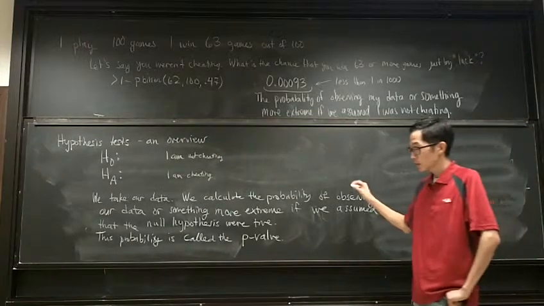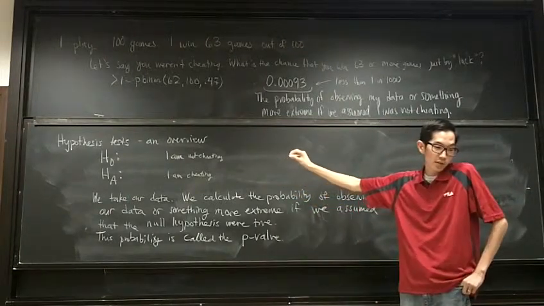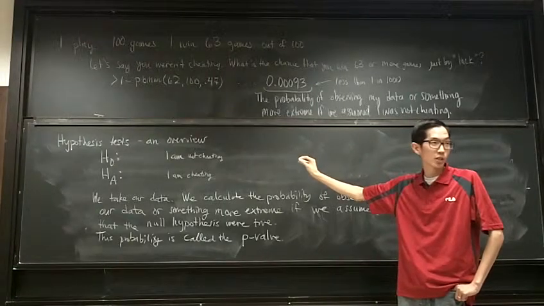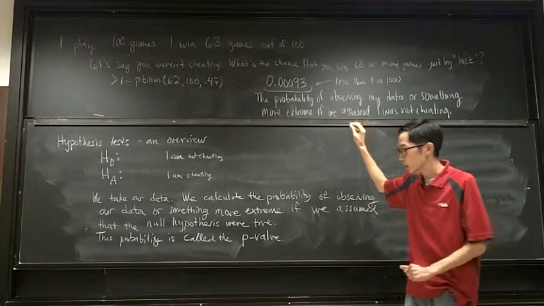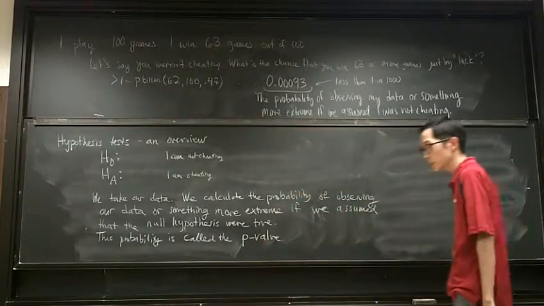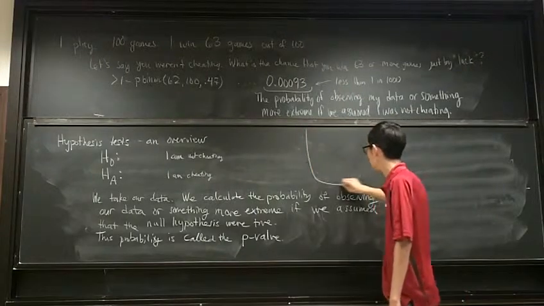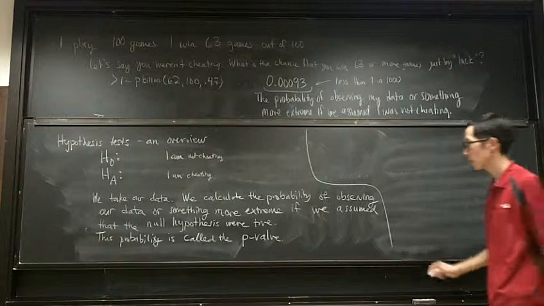We said, well, the probability of getting our data is not small, so we can't eliminate the possibility that it happened by random chance. So we can't rule out the null hypothesis.